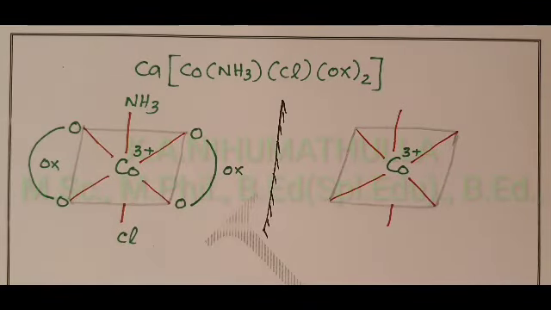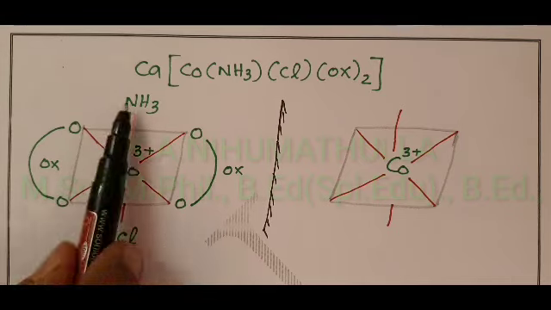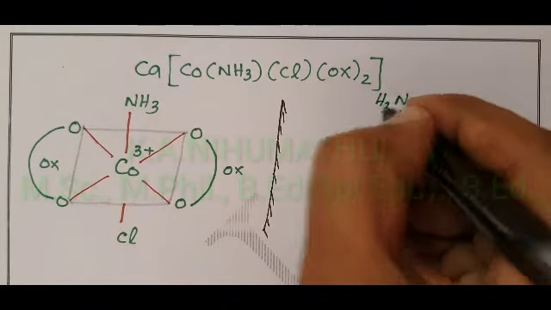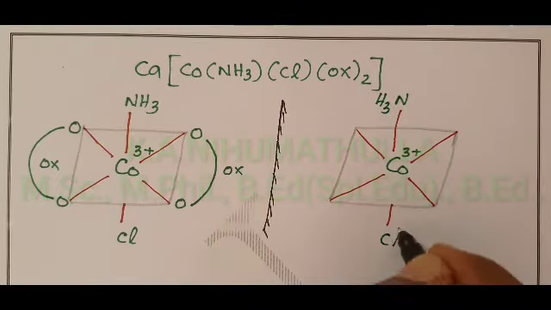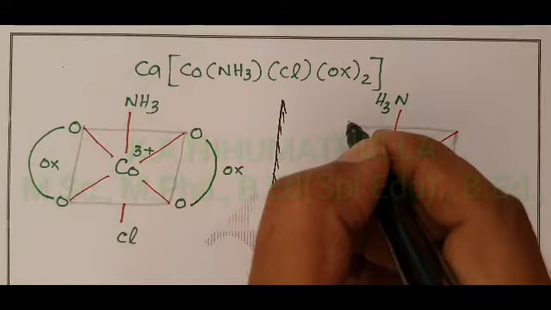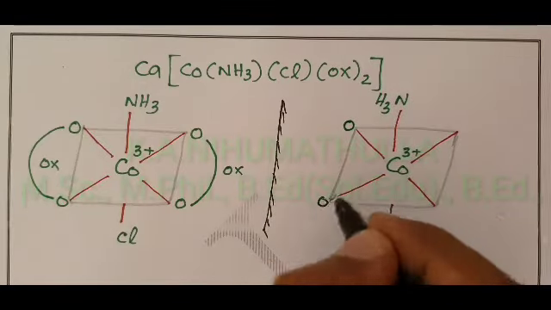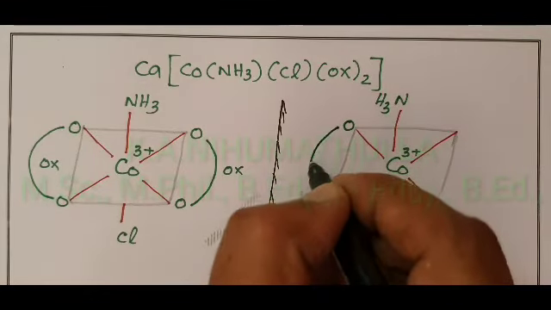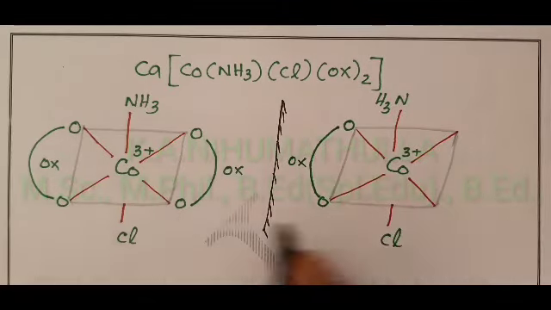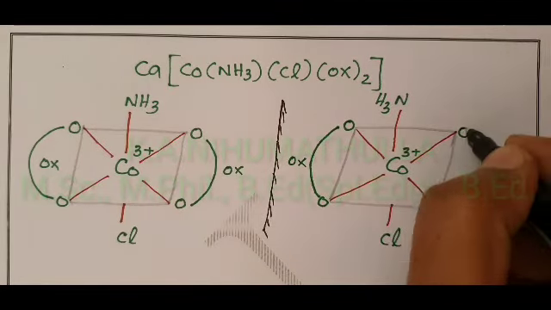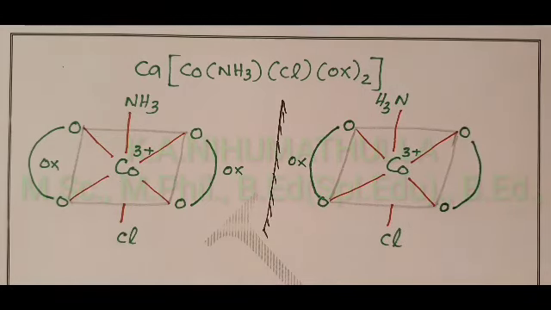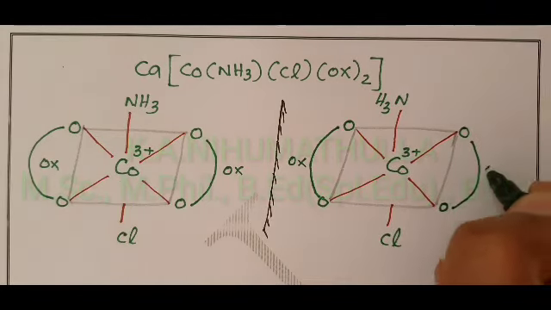Easily we can write, this amine is present here in the mirror image, NH3. The Cl is in the 6th position. This oxalato in the mirror image, oxygen is the donor atom, COO, is present, and this oxalato is present on the opposite side, COO. This is oxalato.